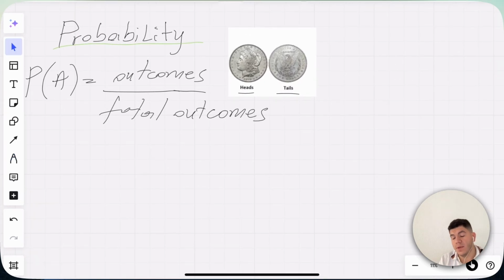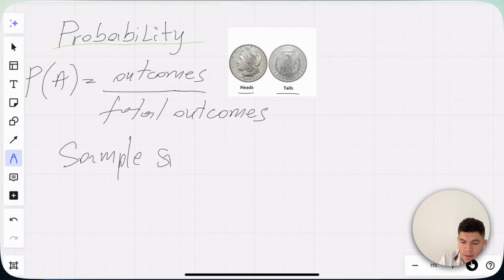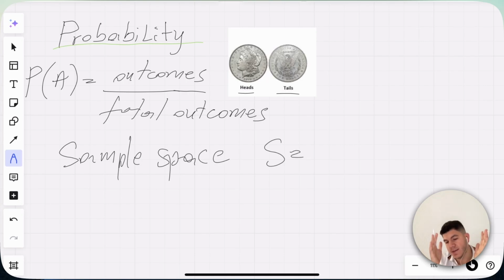One of the prominent examples we give to understand probability is a coin. When you flip or toss a coin, you have two possible outcomes, what we refer to as the sample space, or set of possible outcomes. For one coin, you can get either a head or a tail.